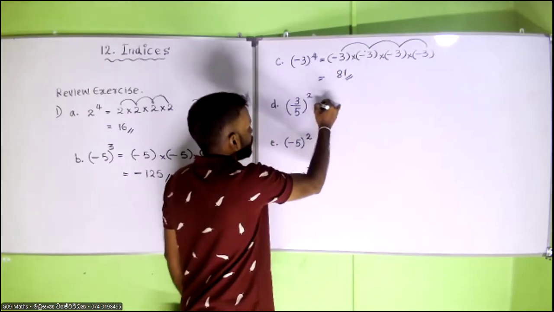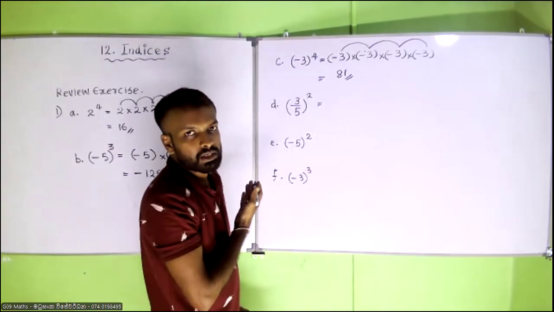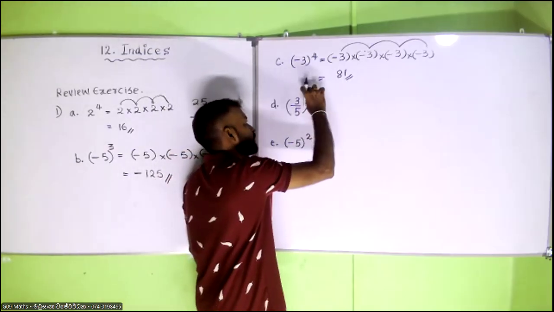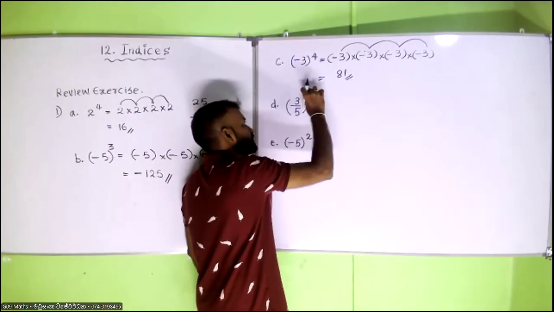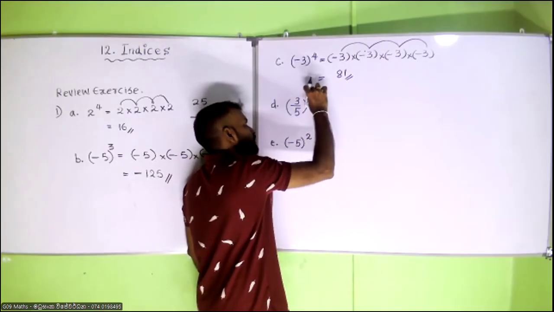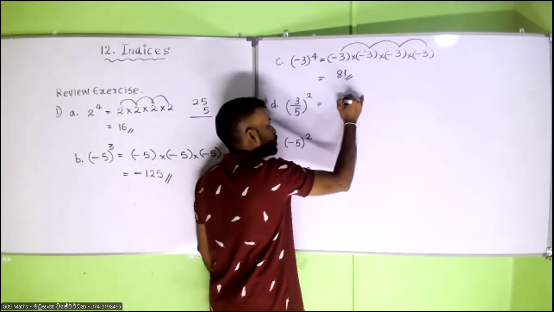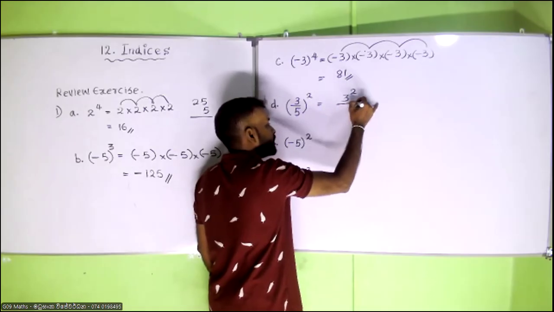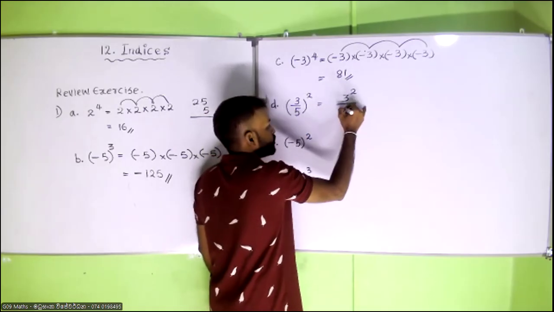Then, ayyo, this is a fraction. What is this? 3 to the power 2 divided by 5 to the power 2.